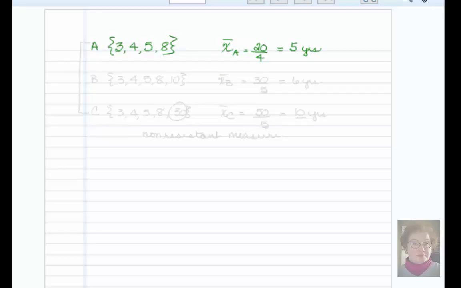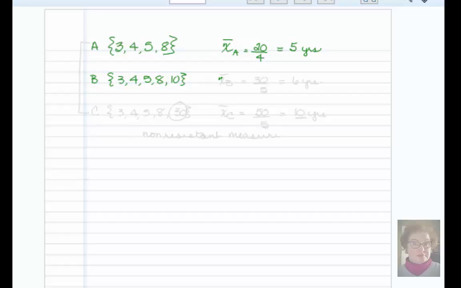Now let's say that in set B I have these same 4 children, and I have a 10-year-old come in.